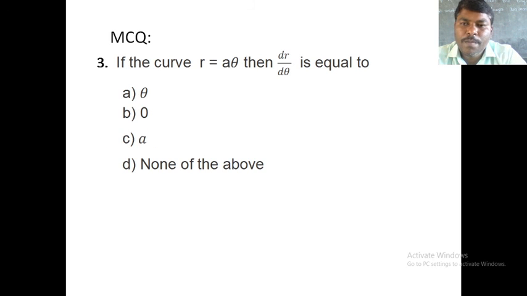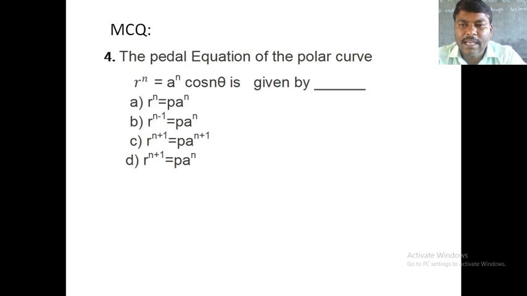The third one: if the curve is r is equal to a theta, then dr by d theta is equal to, answer is C. Differentiating the given curve with respect to theta, we get a. Next, the pedal equation of the polar curve r raised to n is equal to a raised to n cos n theta is given by, answer is D: r raised to n plus 1 is equal to p a raised to n.